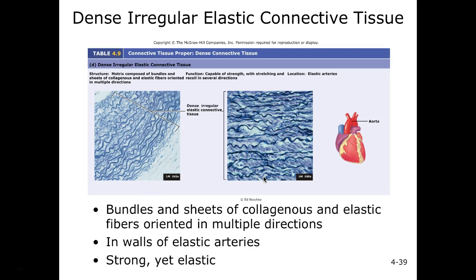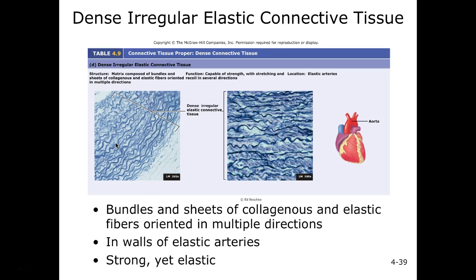We could see that we have these bundles of our collagen and the elastic fibers, and they're oriented in many directions. It still kind of looks a little organized, but it's very jumbly in here, which is why it's irregular.